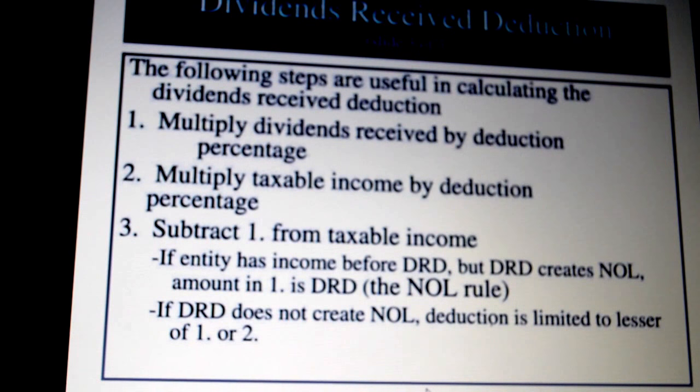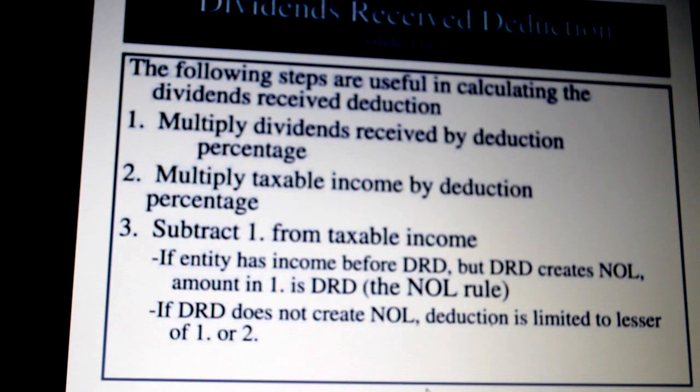The following steps are useful in applying these rules. First, multiply dividends received by the deduction percentage. Second, multiply taxable income by the deduction percentage. Third, subtract 1 from the taxable income.